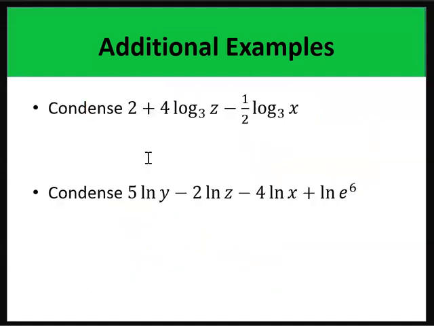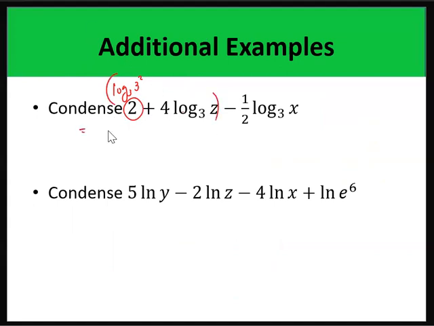And then finally, for condensing examples, for this particular expression, this constant 2 must be written as a logarithm of base 3. So we can write that as the logarithm of 3 squared to the base 3. First, we need to combine the first two logarithms.